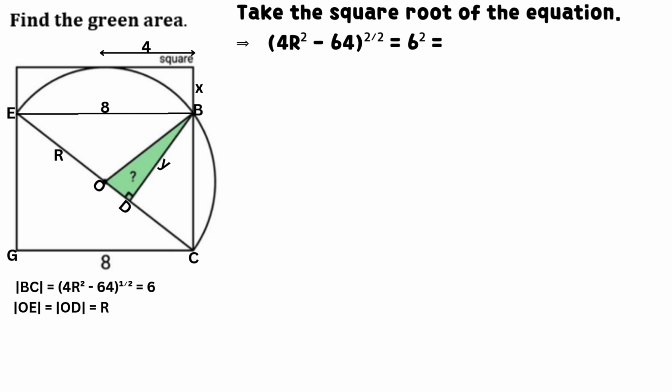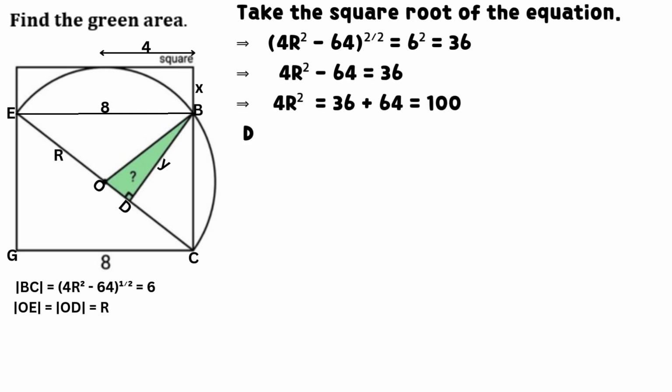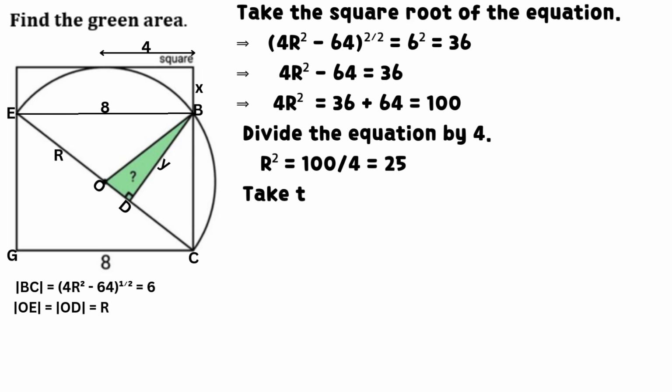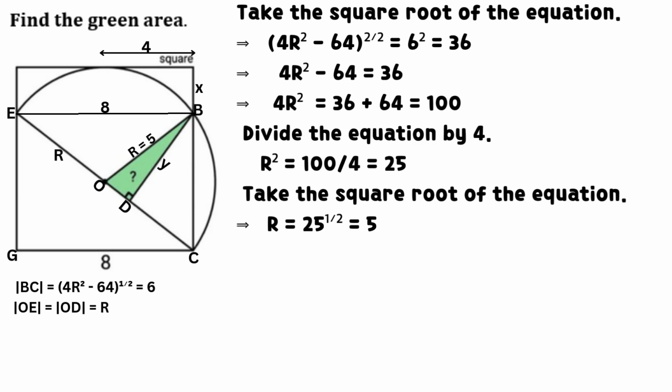It signifies that the square of the square root of 4 times the square of R minus 64 equals 36. Hence, 4 multiplied by the square of R minus 64 equals 36. 4 multiplied by the square of R equals 36 plus 64, which equals 100.